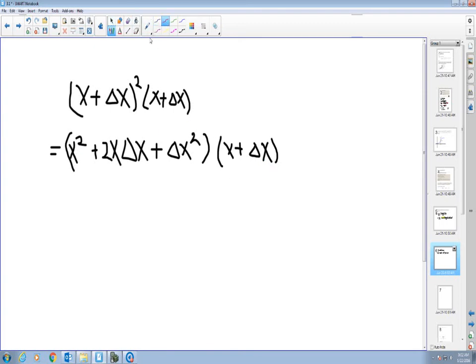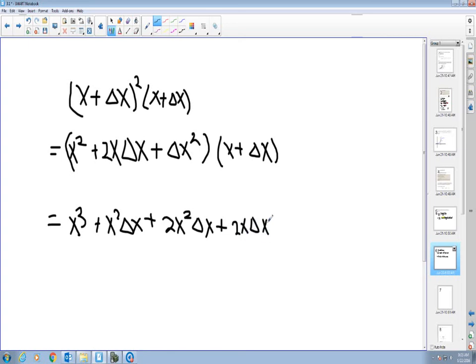So x squared times x is x to the third. X squared times delta of x, positive x squared delta of x. 2x delta x times x will be 2x squared delta of x. 2x delta of x times delta of x will be 2x delta of x squared.